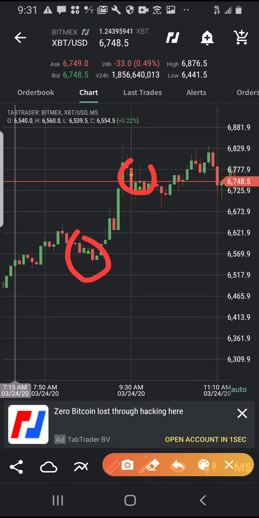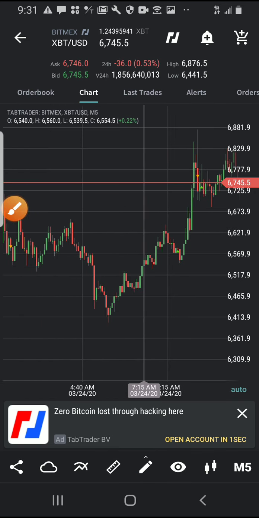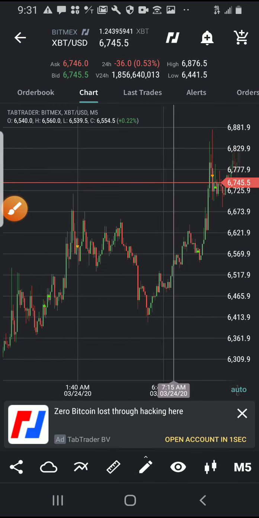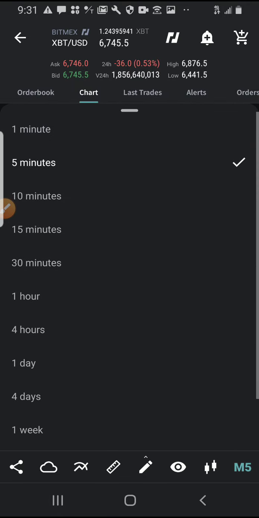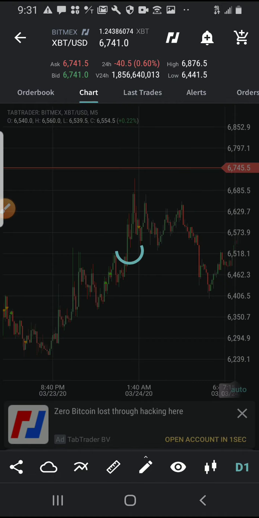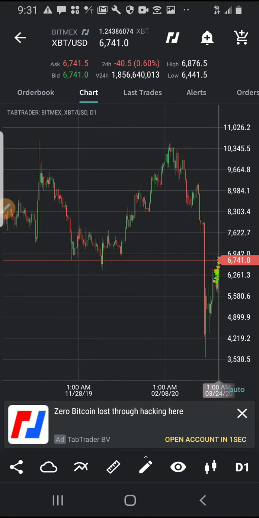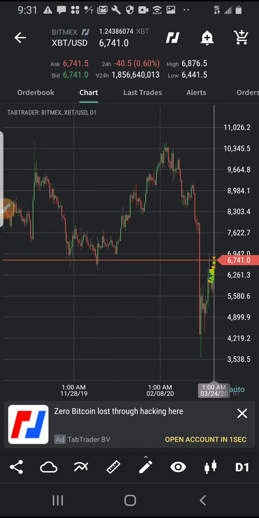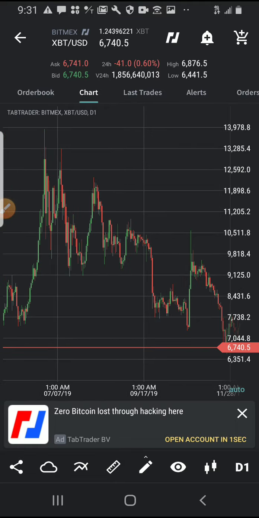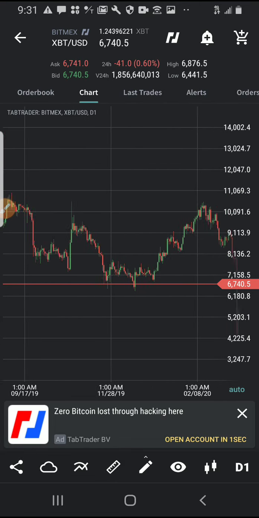And as a trader, you should always monitor some chart patterns. That's this 5 minutes, and we can still take it down to any time frame, and we look for a good one.